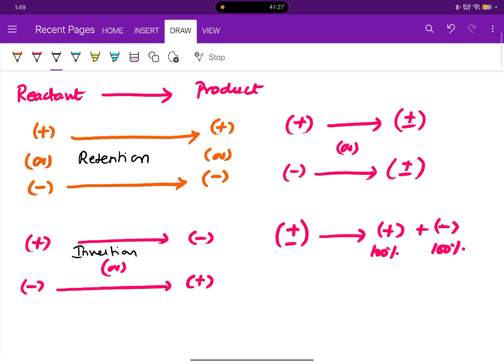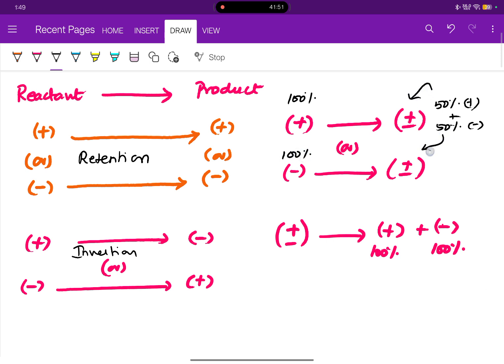Now you see, this is 100% plus. 50% plus, correct. 50% minus. This is 100% minus.